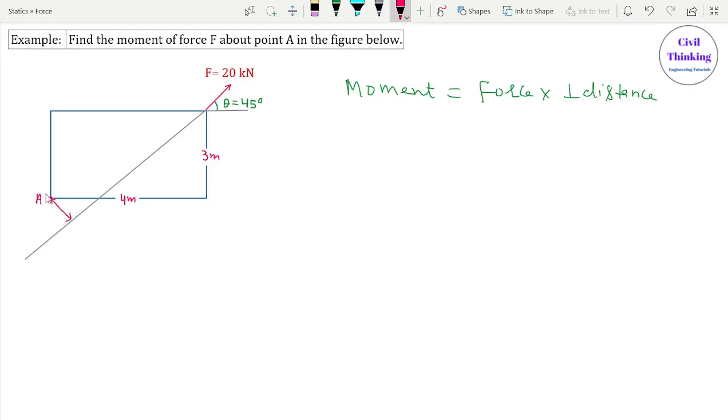But we don't know the distance between force F and A. Let us say this is X. So we would say the moment of this force is F multiplied by X, but we don't know X.